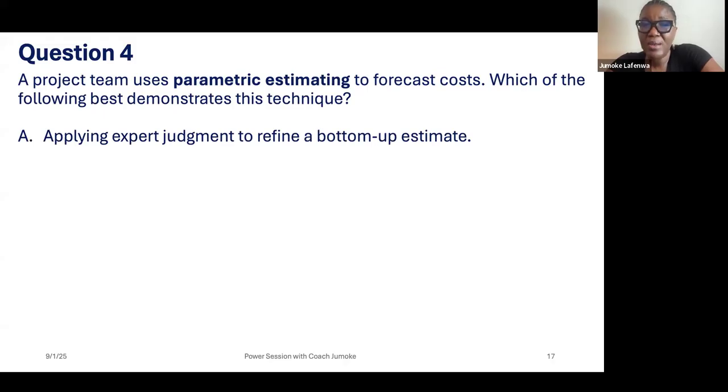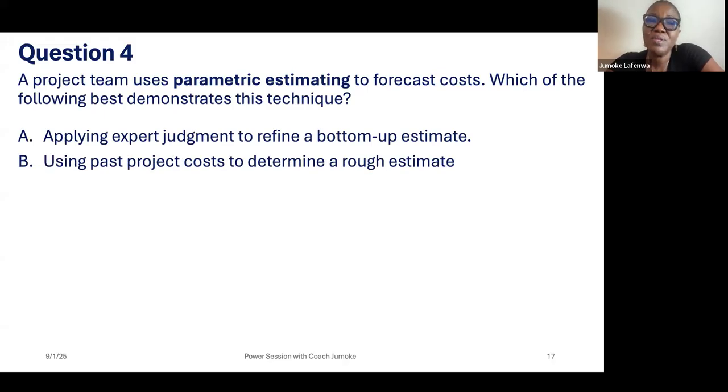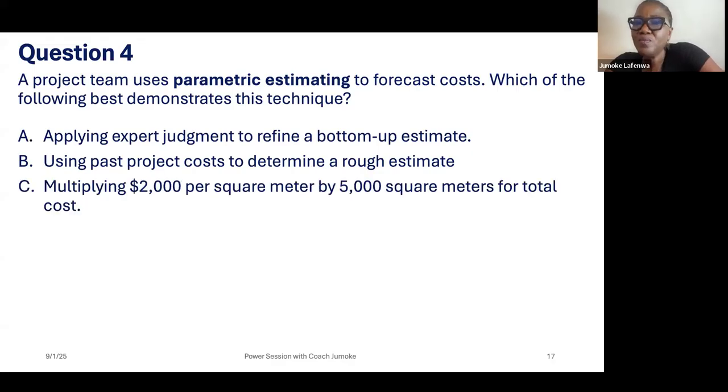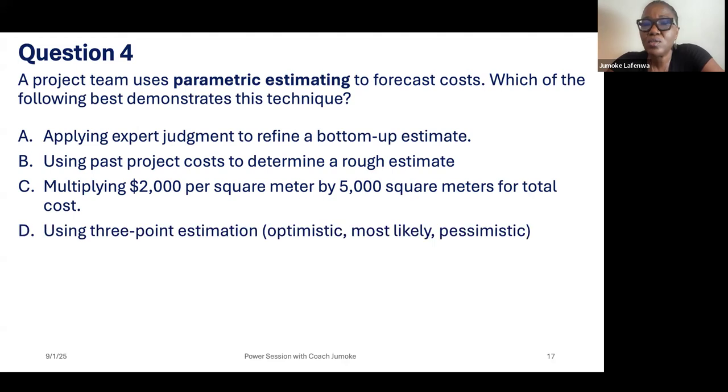Okay, so A, applying expert judgment to refine a bottom up estimate. B, using past project costs to determine a rough estimate. C, multiplying $2,000 per square meter by 5,000 square meters for total cost. D, using 3-point estimation, optimistic, most likely, pessimistic. Which one is the answer?